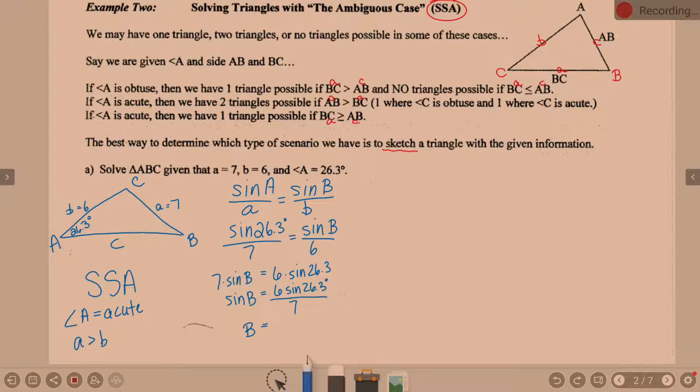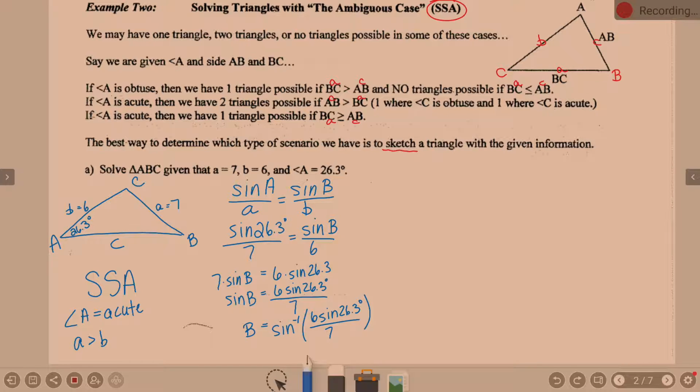Reciprocal. Not reciprocal, different word there. Inverse. Okay, remember inverse takes an input and an output and switches. So if I want B out of sine, in order to switch this, I can switch the B and the fraction value over here and say that B is sine inverse of 6 sine 26.3 degrees over 7.